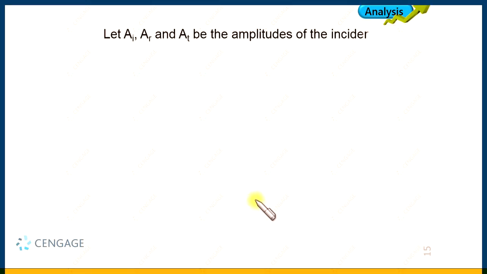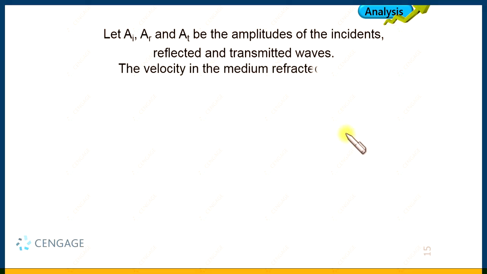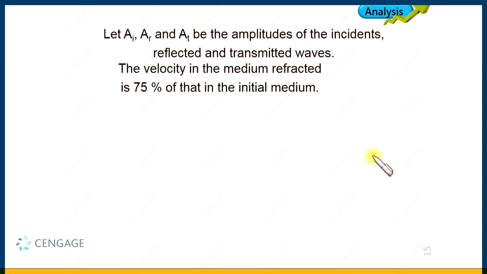And according to the question, the velocity of the wave in medium 2 is 75% of the first medium. That means V2 equals 75% of V1, and 75% in terms of fraction you can write as 3/4 V1. So, we can write V2 equal to 3/4 multiplied by V1, right.